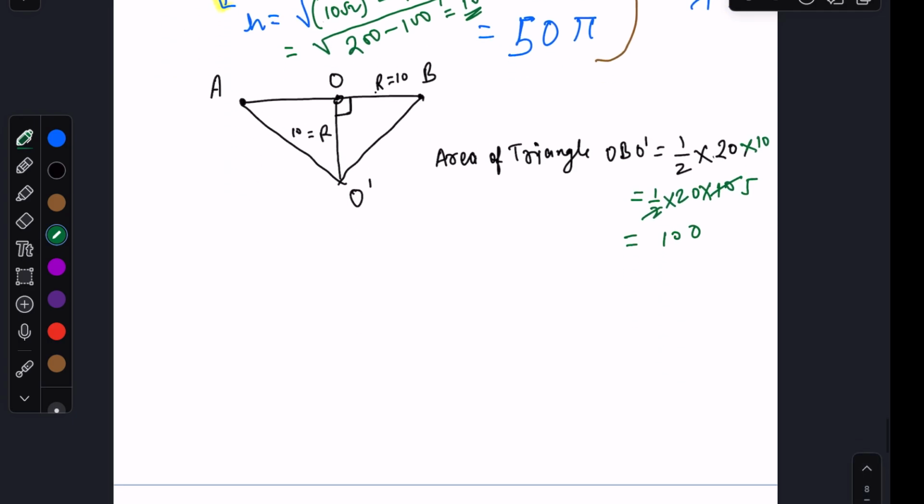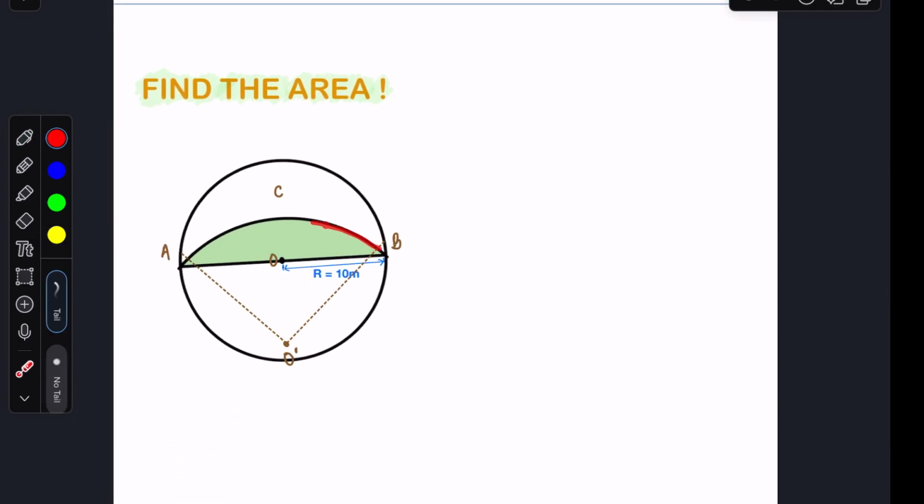So now our desired area. This green area is nothing but this sector area minus this triangle. So we have calculated everything. Let's put in the values.